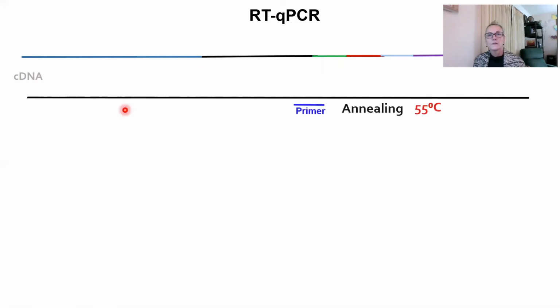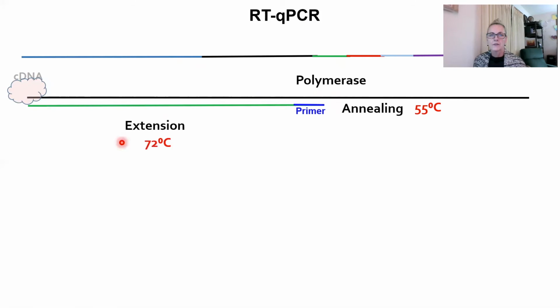What we do is we put in a primer that complements a specific region that we want to amplify, and we anneal it to the cDNA at a certain temperature. Then we put in the polymerase, which reads the cDNA and makes a complement strand. We call this the extension phase, and it's generally at a little higher temperature.